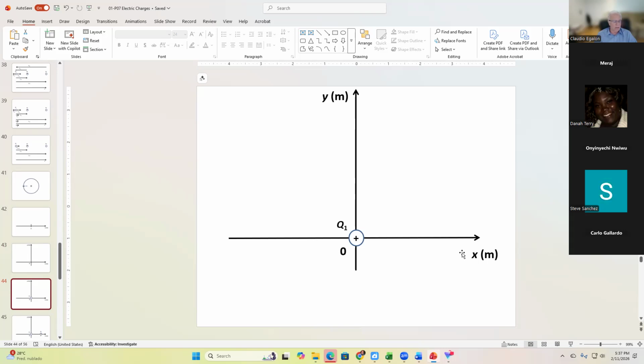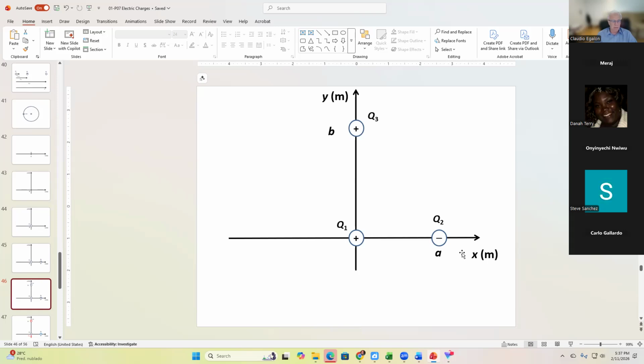This charge is fixed, it's not moving whatsoever. And then I'm going to put other charges at different places. We have this charge Q2, a negative charge placed along the x-axis, and I'm going to place another charge Q3 along the y-axis.